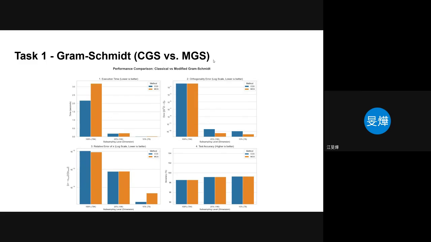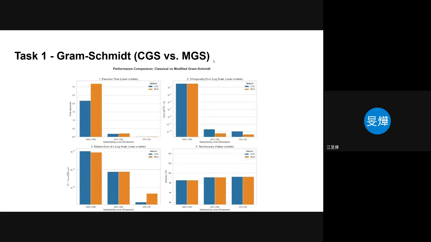And the bottom left chart shows the relative error of our solution X. Both methods struggle heavily at 100%, and because the matrix is ill-conditioned, maybe that is why there is always a high error for the 100% one.